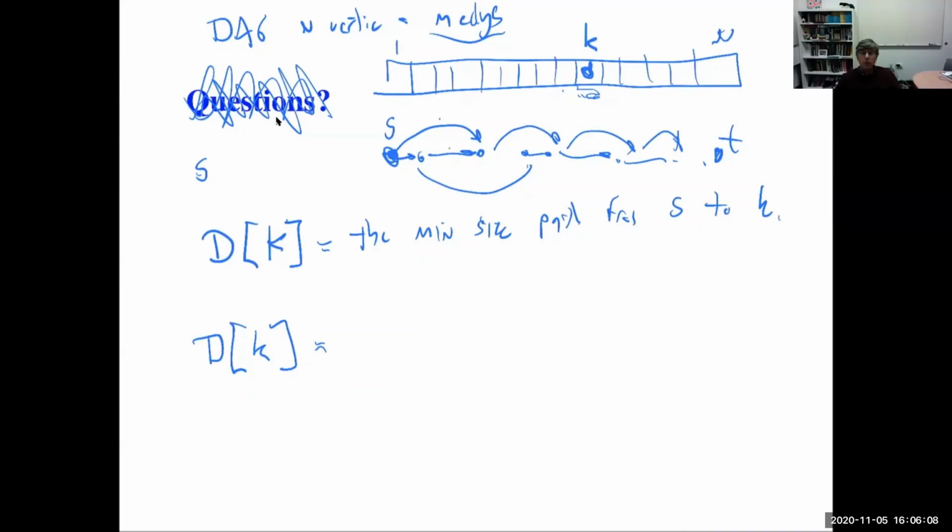It's going to be from somewhere, right? I claim that this should be equal to the min over J less than K of D sub J plus the weight of the edge from J to K.